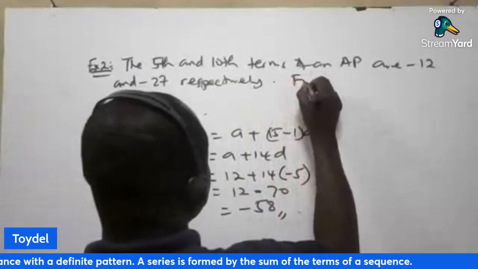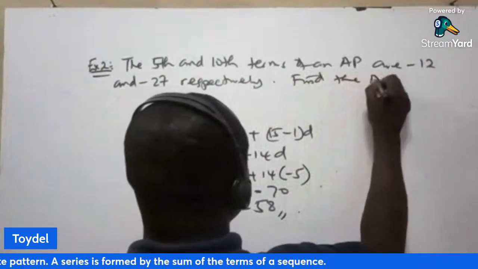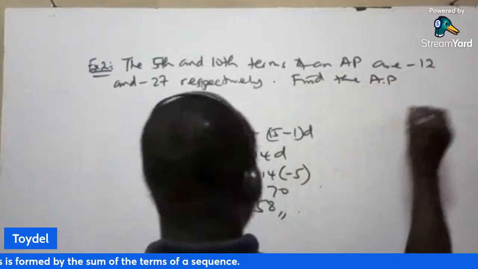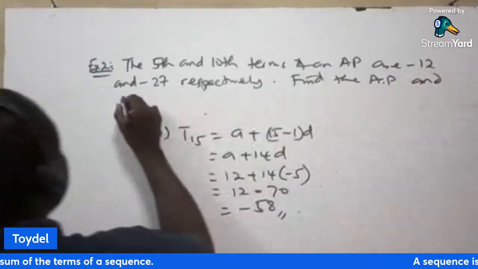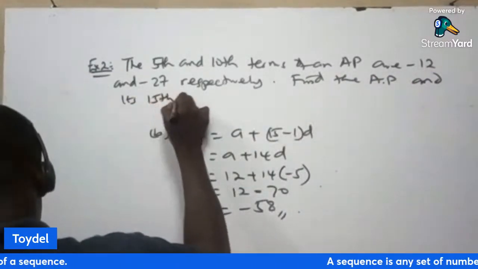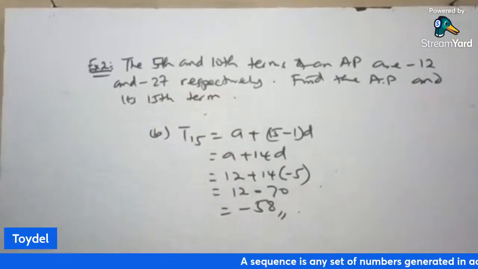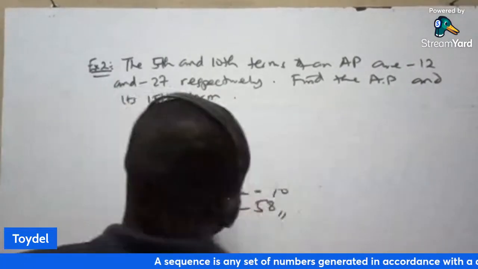So the question now says find the AP, the arithmetic progression, and its 15th term. So in this case now, this is what we are given.